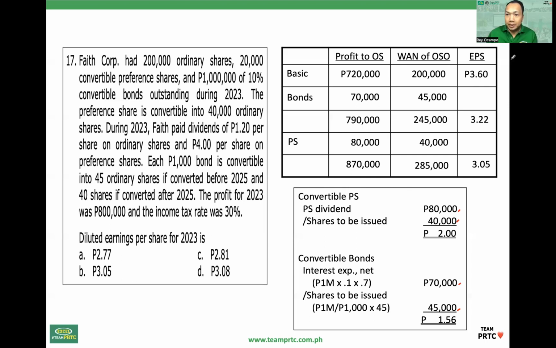Okay, so basic, that's the maximum earnings per share. So diluted, the minimum EPS. So parang binibigyan dito ng range ang investors ng okay, earnings per share. So maximum, basic, minimum, diluted.